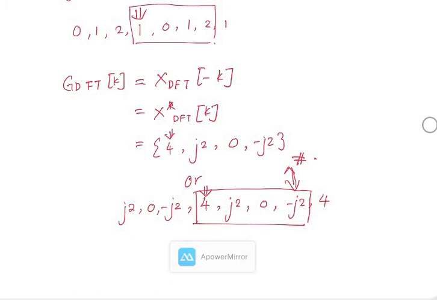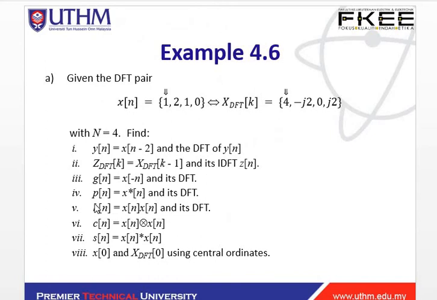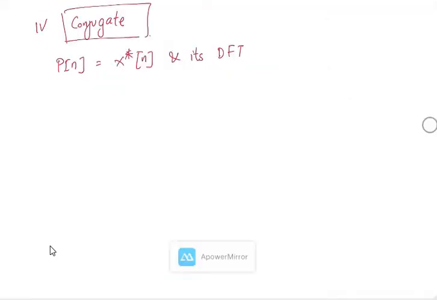Now we go to the fourth question. Question number 4, pn equal to x conjugate n and its DFT. So it's the conjugate property. pn equals x conjugate n, so you will get 1, 2, 1, 0.